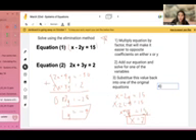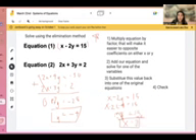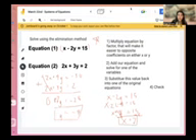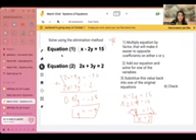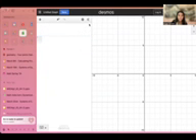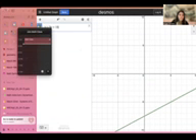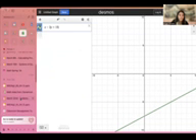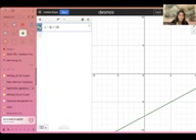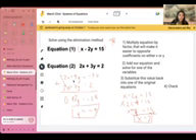Our last step should always be to check our work. So I'm going to check using the graphing calculator to see what we get. So x minus 2y equals 15, and 2x plus 3y equals 2.